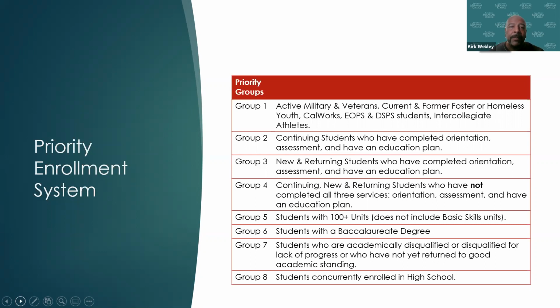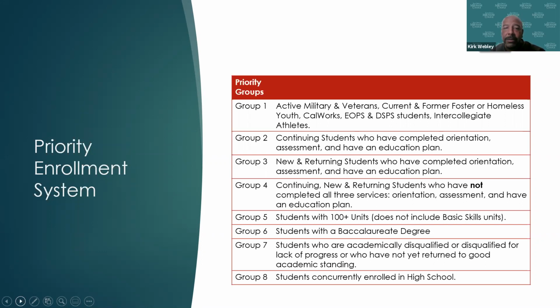Our group 2 student priority is for continuing students who have completed at least the orientation, the assessment, and an educational plan. This is what we call our matriculation. Group 2 also has to be completed within a certain time. So for this spring, the deadline to fulfill the orientation, assessment, and educational planning is this Friday, October the 23rd. Okay.